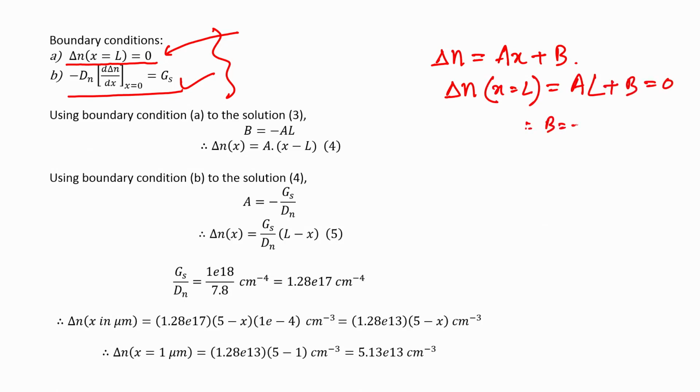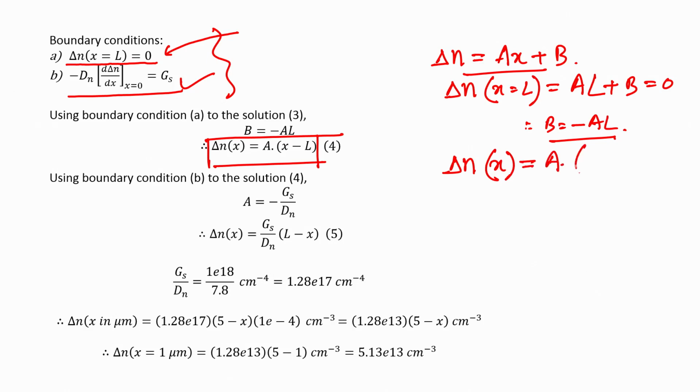Therefore, b is equal to minus aL, and if you plug this into the expression, you can reduce the general solution to del n equal to a into (x minus L). Now, you plug in the second boundary condition. We basically have to differentiate this expression first, a into (x minus L). Let us differentiate this expression first, that is equal to a.